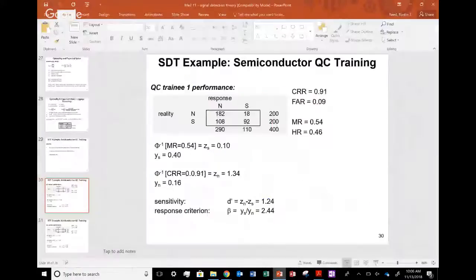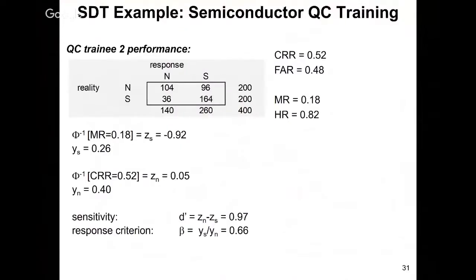All right, now let's take a look at intern number 2. So what differences do you notice? Lower miss rate. Good.